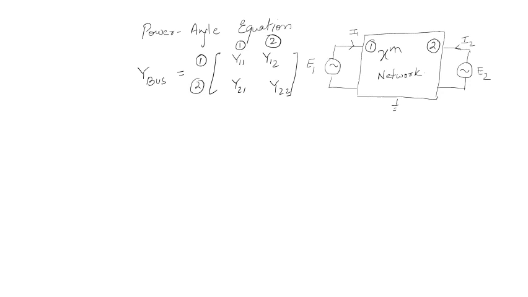So why am I again remodeling or redefining this equation? Because you might have learnt that the power angle equation is EV upon XS sine delta, right?